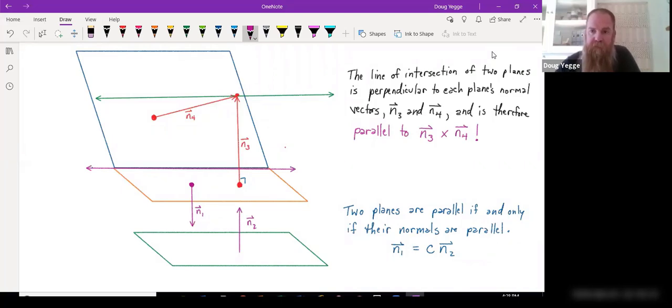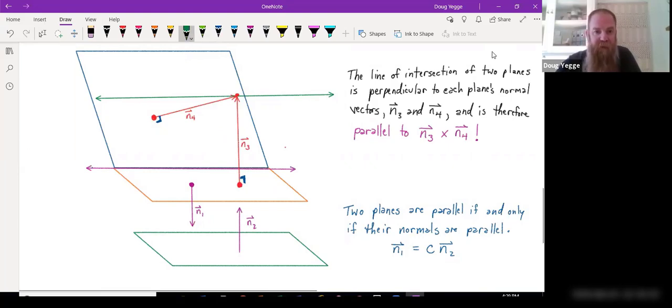This purple line of intersection of the two planes is perpendicular to each plane's normal vector, which is why we can see that N3 is perpendicular and N4 is also perpendicular. But what that also must imply is that the line of intersection is parallel to the cross product between N3 and N4, because the cross product is perpendicular to each one of them separately.